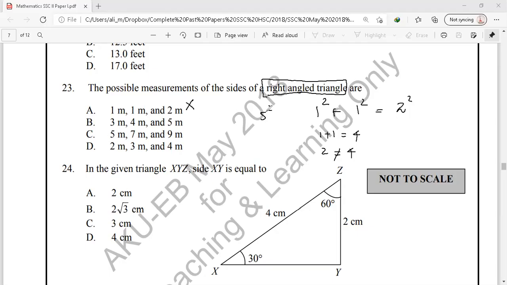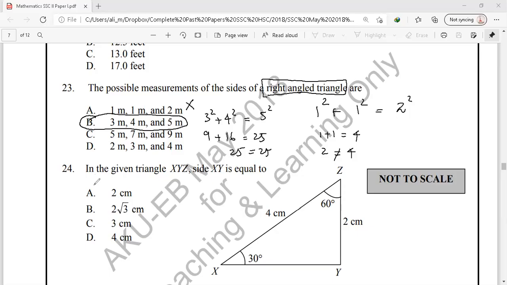The greatest side square should be equal to the sum of the squares of the other two sides. So 3 square is 9, 4 square is 16, and 5 square is 25. So 25 equals 25. It means these three sides are the sides of our right angle triangle. So for question number 23, option B is the correct answer.